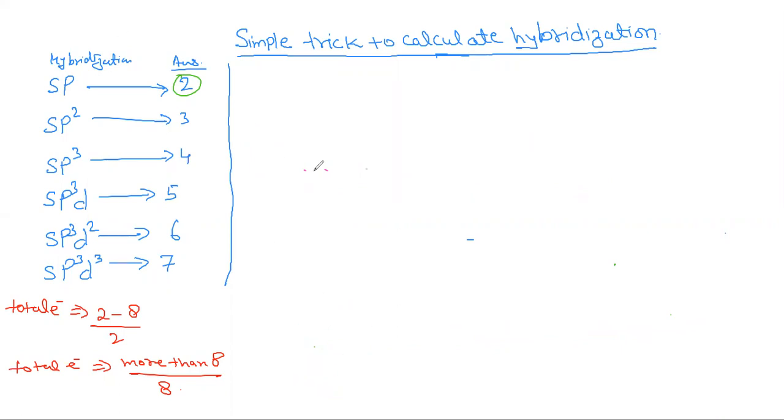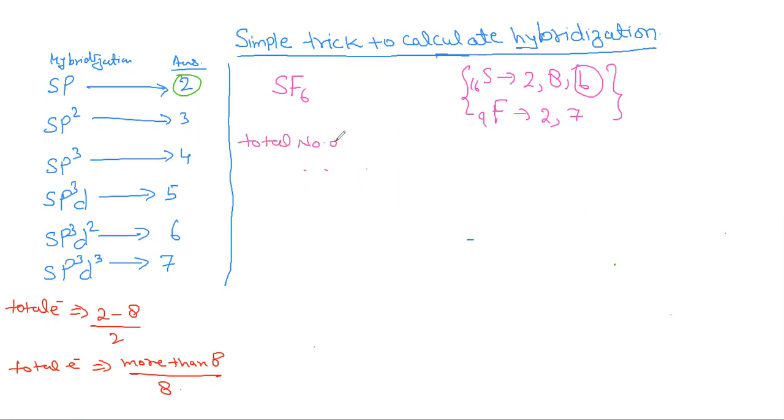Next example I am taking is SF6. Sulfur has configuration 2, 8, 6, with the last shell containing 6, and fluorine is 9, 2, 7. So the total number of electrons equals 6 plus 6 atoms of fluorine, 6 into 7.